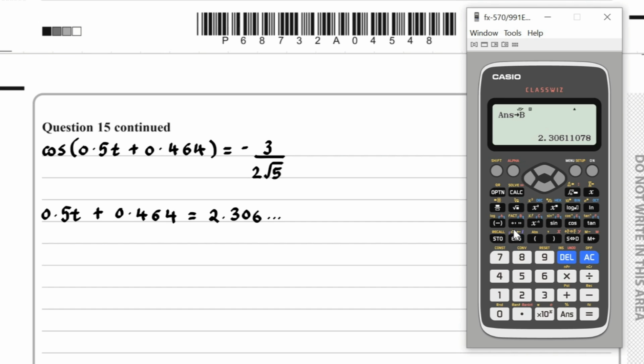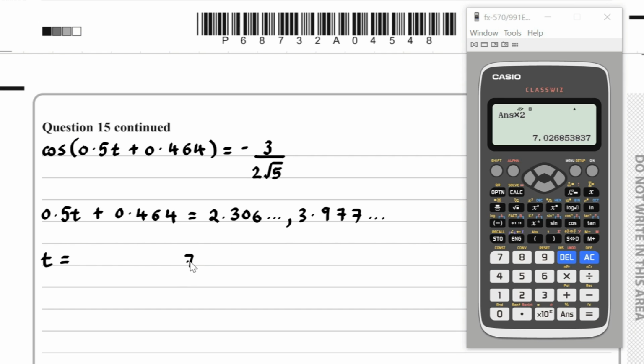Store this into B, and then if we do 2 pi minus that, we also get 3.977, etc. So if we find out what t is, I need to take away the inverse tangent of 0.5 and then times by 2.